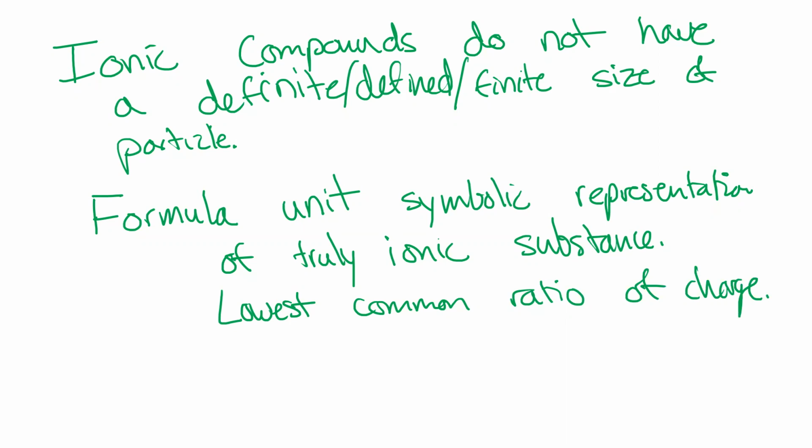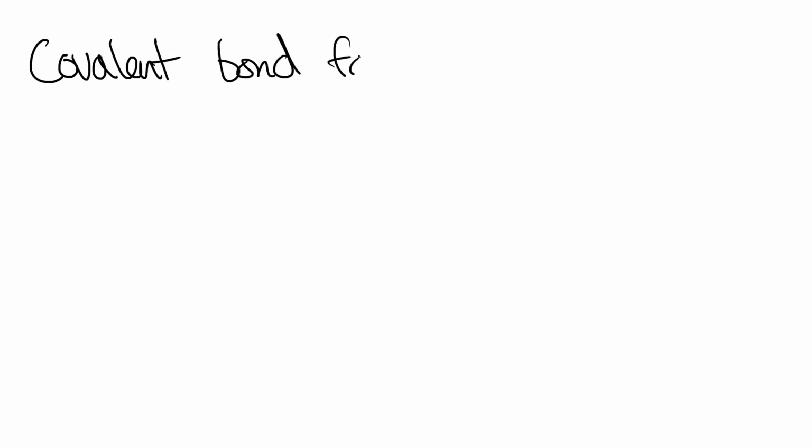Now, if we're not talking ionic compounds, and we're talking about things that might form covalent bonds at times, if you have covalent bond formation, remember, covalent bond formation means electrons are shared and not transferred the way they are with ions. Covalent bond formation means you have a molecule.